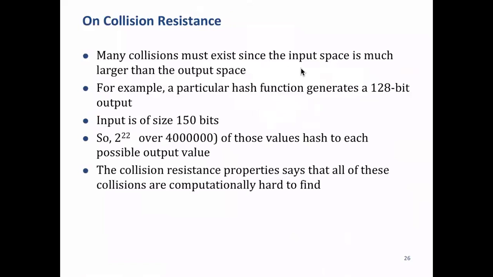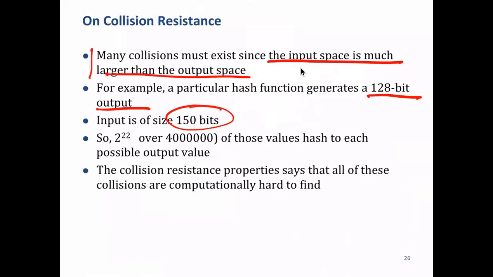As we discussed, collisions do exist because the input space is much larger than the output space. Consider a function where we generate a 128-bit output, and the input size is just 150 bits. We are not talking about gigabits here, just 150 bits.